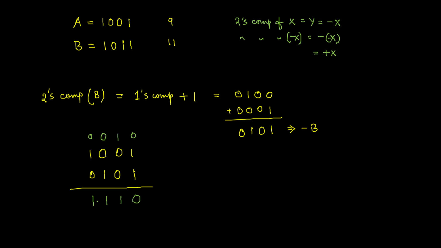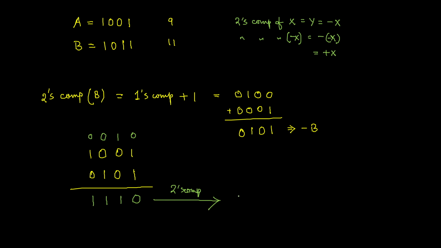That means if I want to find out what is the actual value without considering the sign, then what I have to do? I have to do its 2's complement. And 2's complement of this number will be what?